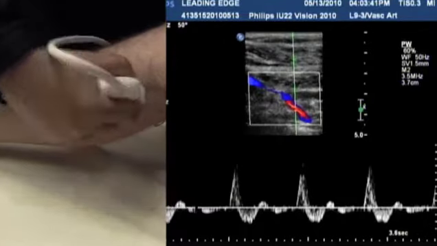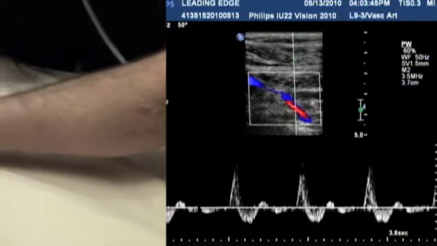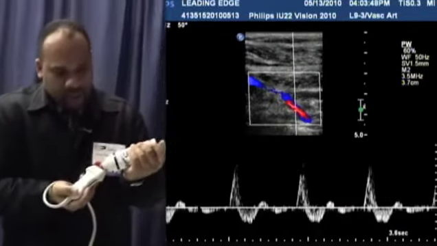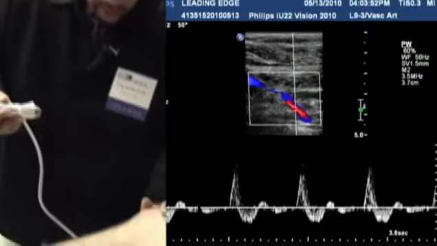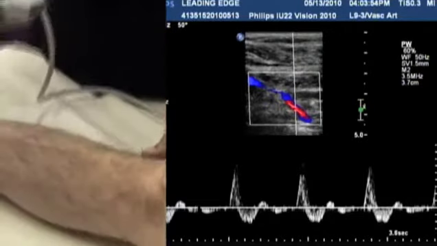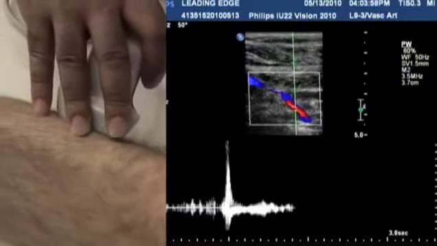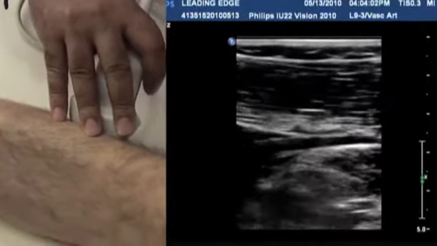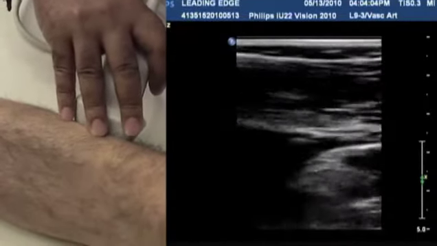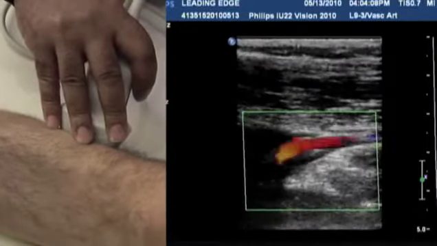I'm going to freeze that for a second, and I'm going to move out to the lateral aspect of his leg and see if we can identify the anterior tibial artery out here. I'm going to put your leg down where it comes out of the interosseous membrane and then works its way down the lateral aspect of the leg. And there we are. Let's better identify that by putting the color on.